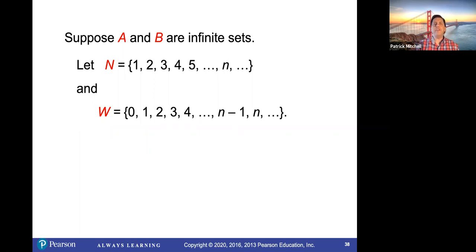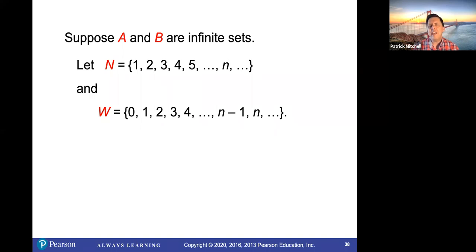So for example, if you take the set of natural numbers and the set of whole numbers, the only difference between natural numbers and whole numbers is that whole numbers include 0. Other than that, they have exactly the same elements. So the question is, is there a one-to-one correspondence between these two sets?